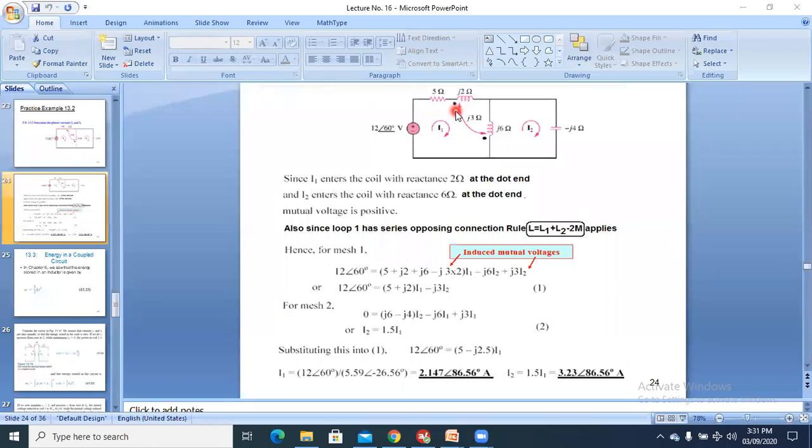And so the polarity of this j3 ohm reactance is in fact positive at the dot. So it is positive and negative. That's the reason the polarity in the first circuit is plus j3 I2.